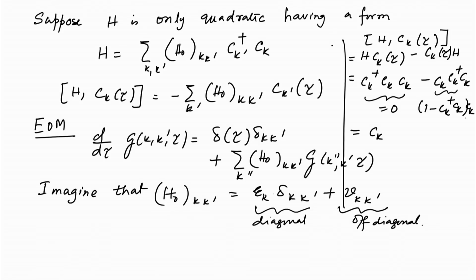Why are we doing this? We want to see the disorder effects which would be included through the second term, which is off diagonal, and the kinetic energy is actually the diagonal term.